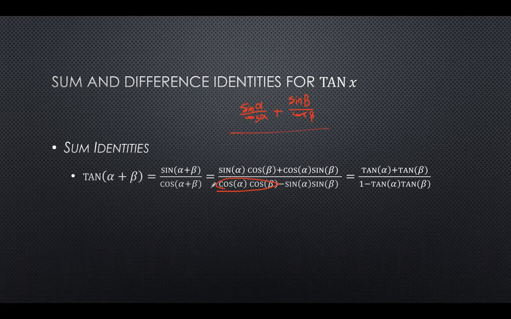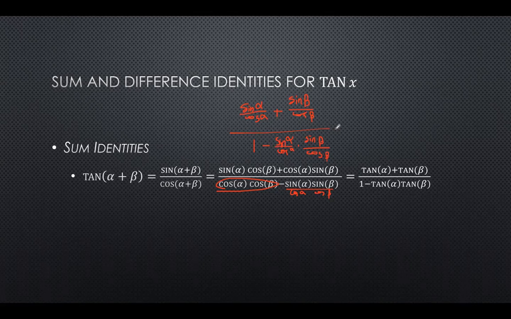In the denominator, cosine alpha cosine beta divided by itself becomes 1, minus sine alpha sine beta divided by cosine alpha cosine beta, which becomes sine alpha over cosine alpha times sine beta over cosine beta.